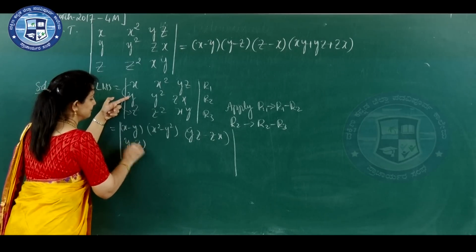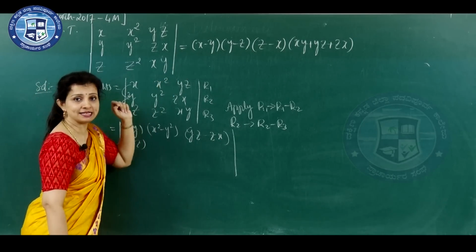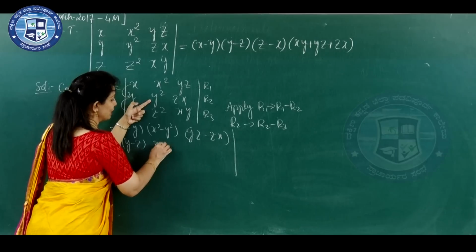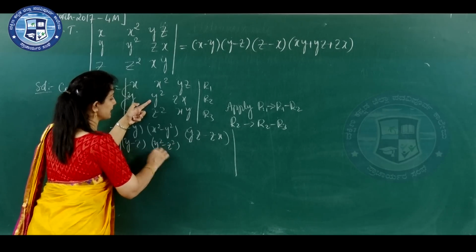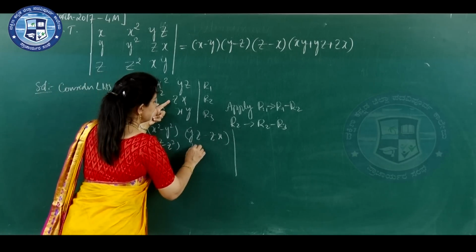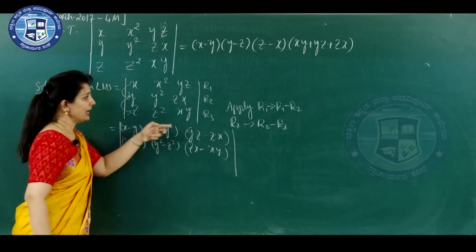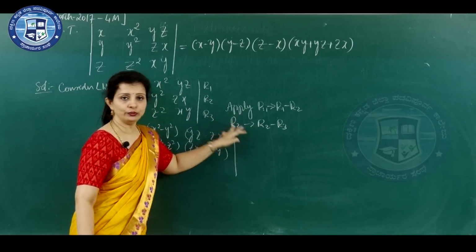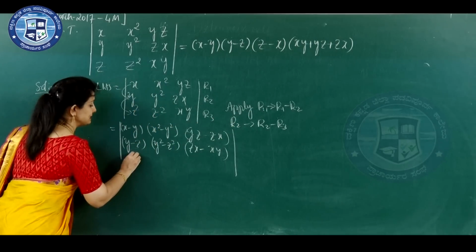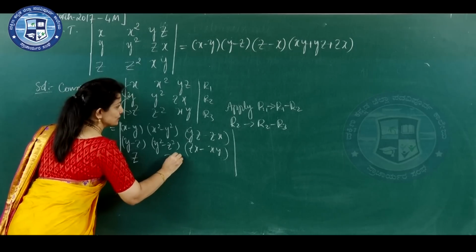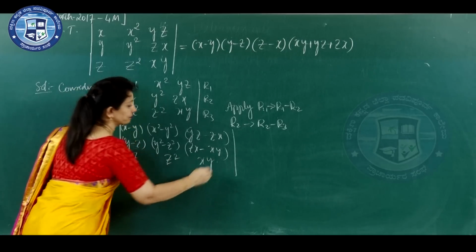Y minus z, that is the second factor. Look at this, y minus z we have to get. Next element, y square minus z square, and then zx minus xy. We have changed only R1 and R2, R3 elements remain the same, z, z square, xy.